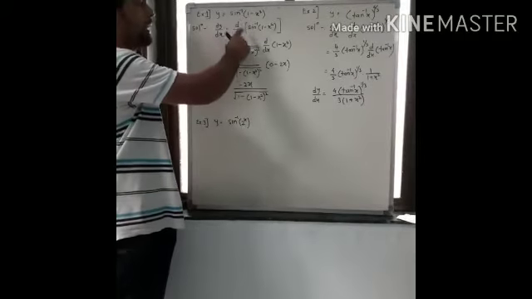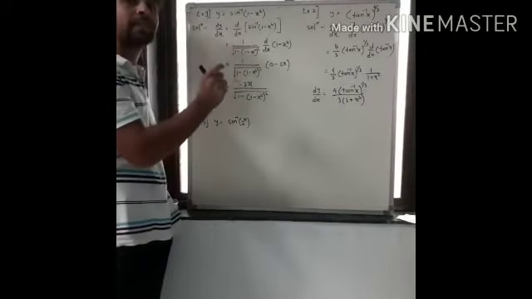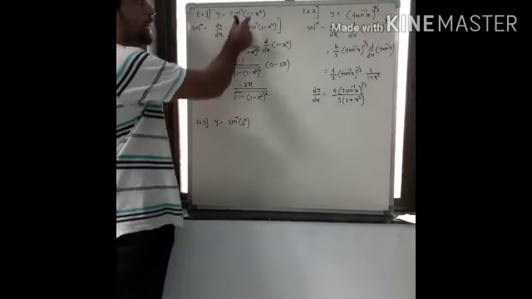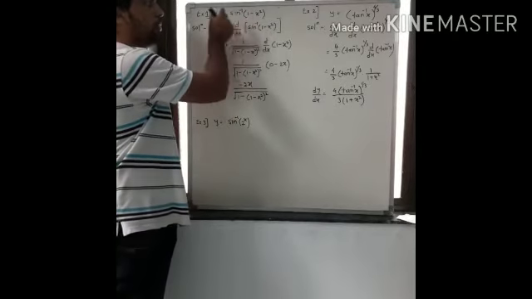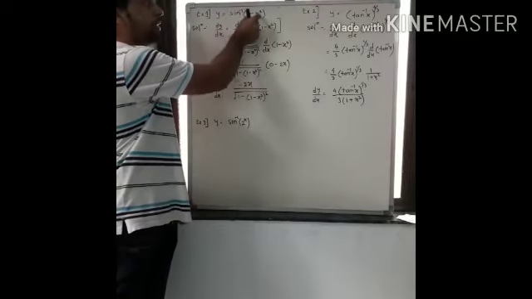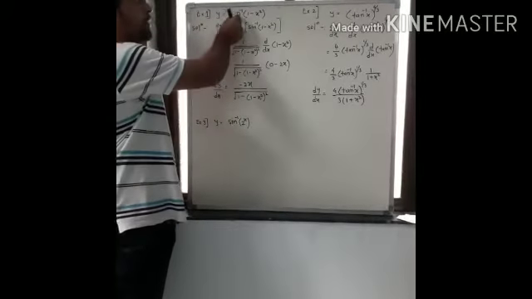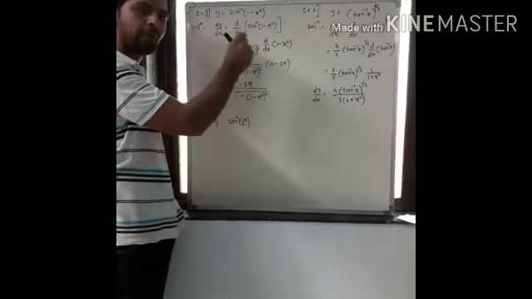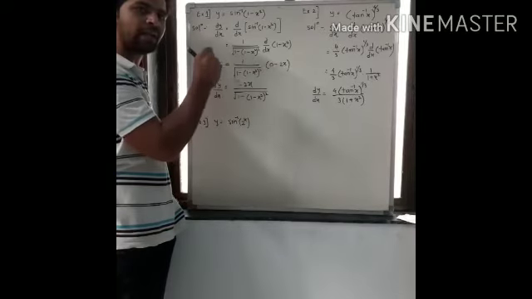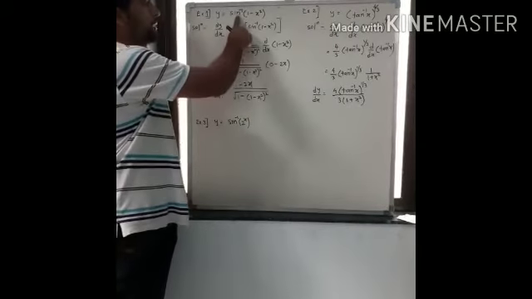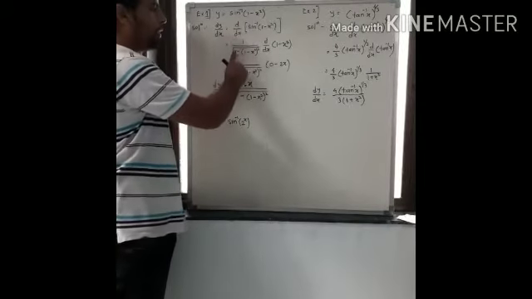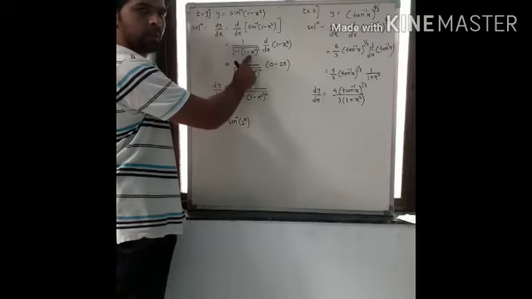So first assume that 1 minus x square is nothing but x. If you assume this whole bracket as x, you will get your new function sine inverse x. We know how to differentiate sine inverse x. The derivative of sine inverse x will be 1 upon under root 1 minus x square.